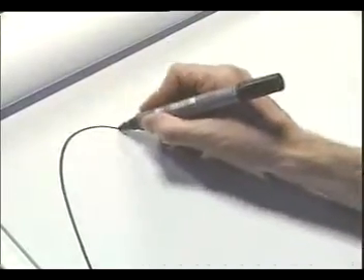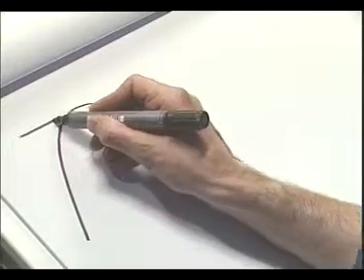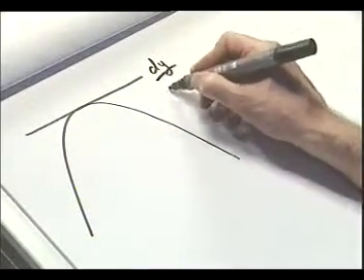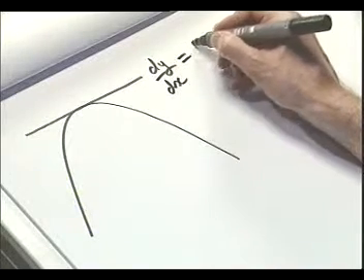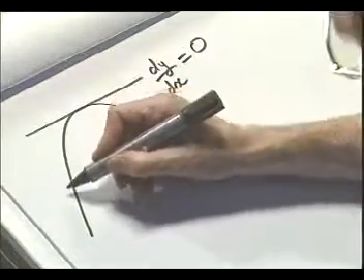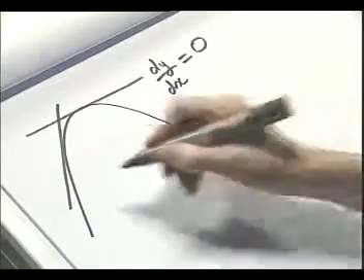So here's our maximum point, and at the point itself we know that the tangent is parallel to the x-axis, and so its gradient, and hence dy by dx, is 0. Let's take a point a little bit before that, say there.